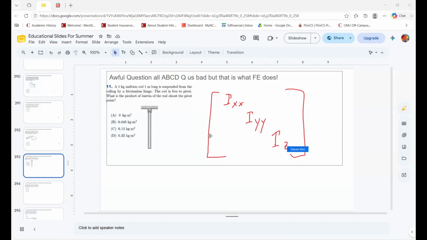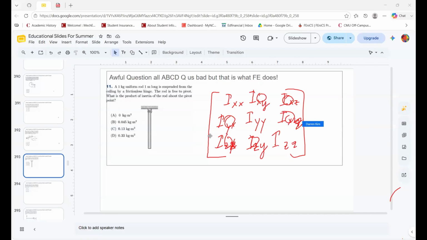The off diagonals are when you do Ixy, Ixz, and so forth. Guess what? They only show up if it's not symmetric. Once it is symmetric, it does not show up. So if you want to make it show up, all you have to do is make the moment calculation non-symmetric. But for now, we have a symmetry over here, so we're done.